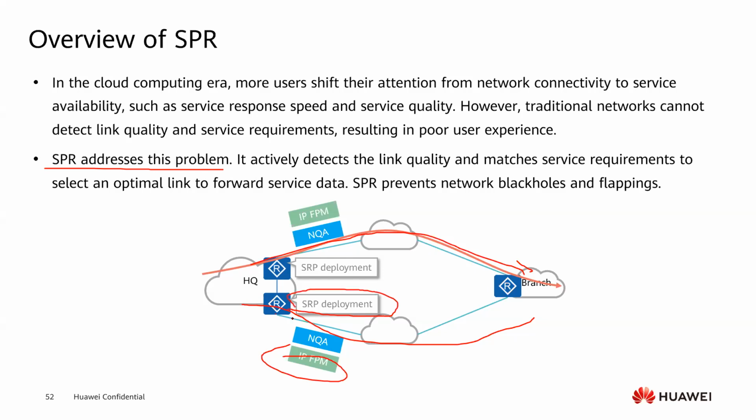There's no problem, because no matter IPFPM or NQA, what they do is just produce a result, like what is the quality of this link. And this SPR feature will use the result from IPFPM and NQA to decide which path I should go.